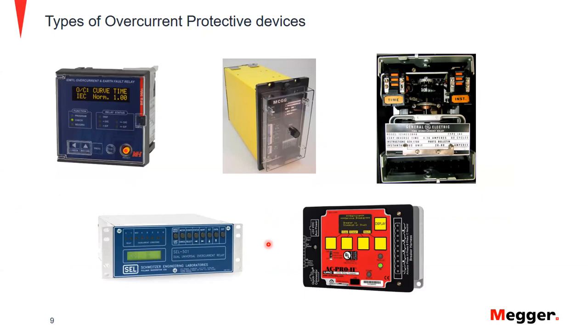In general, the idea is that they all protect for overcurrent fault conditions, so they're all doing the same type of function. And it doesn't matter how they get there and how it works out, whether it be a new microprocessor based relay or an old electromechanical one, the concept is pretty much the same. They are going to open for overcurrent fault types.